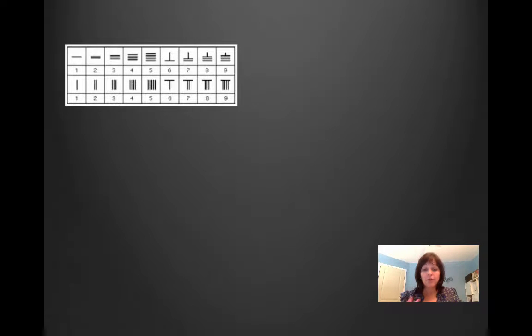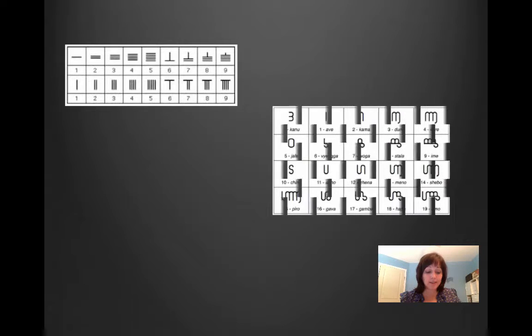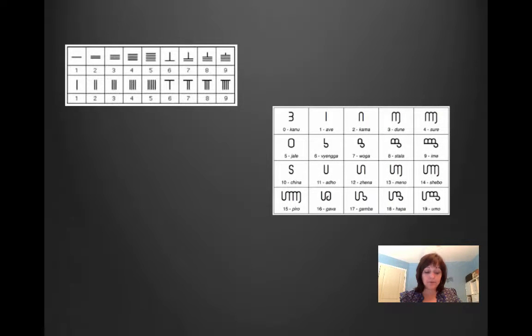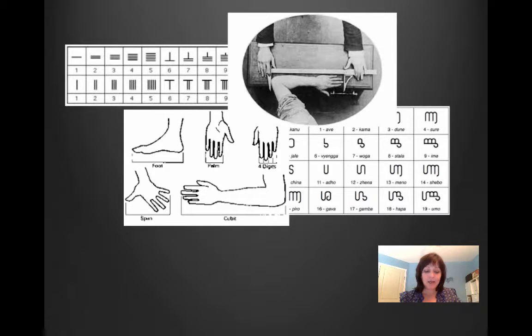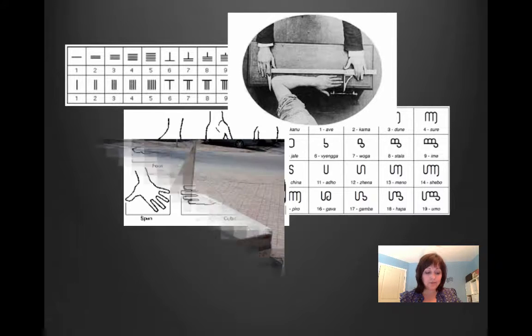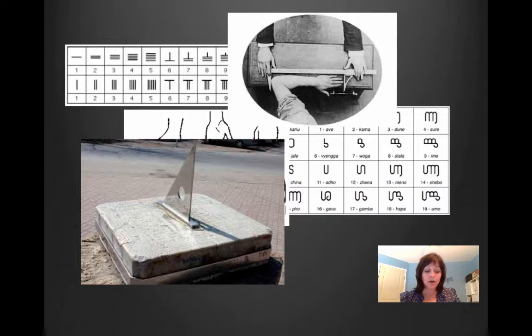But if we look closely at all cultures from around the world, past and present, they have all created systems to count, to measure, to design, and to locate places.